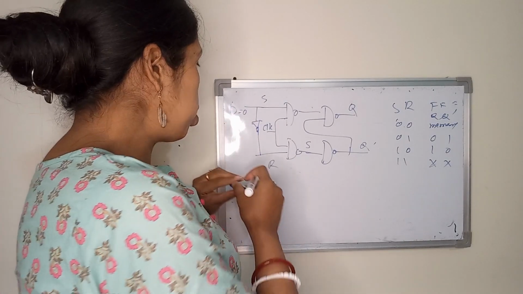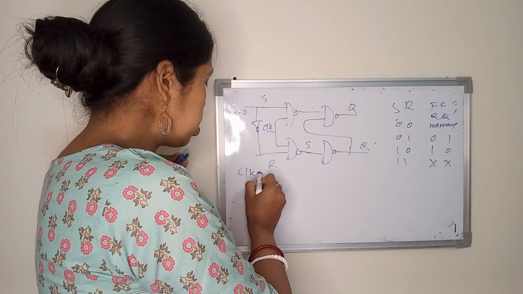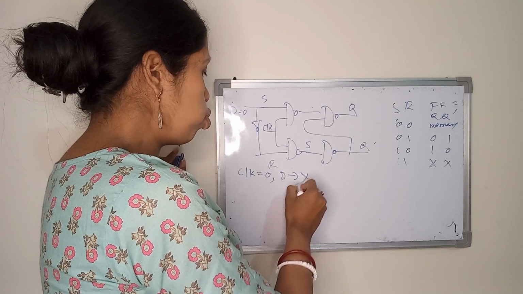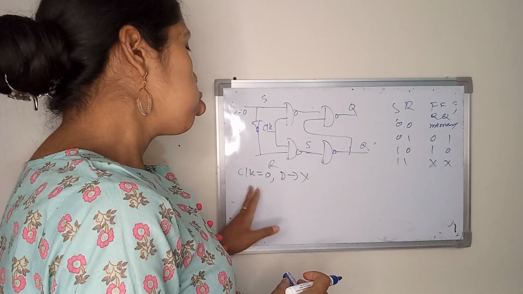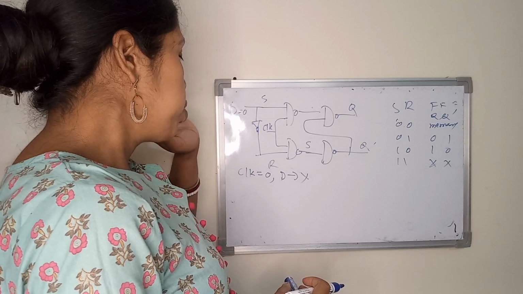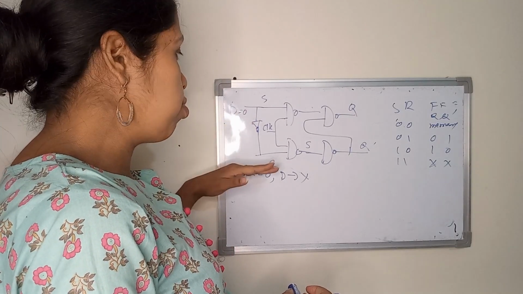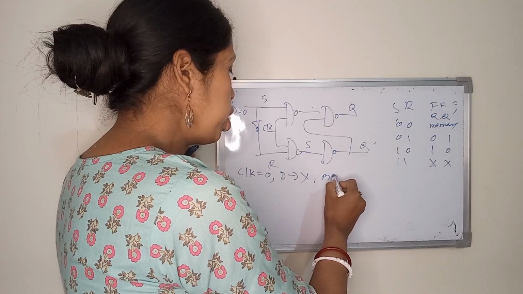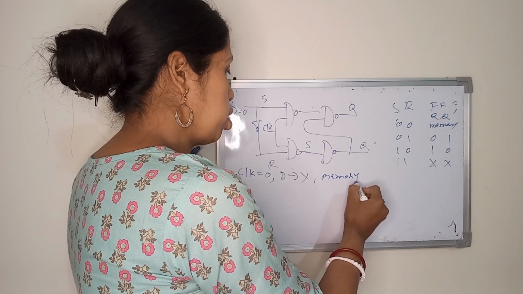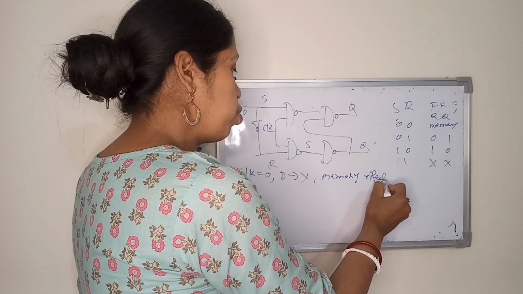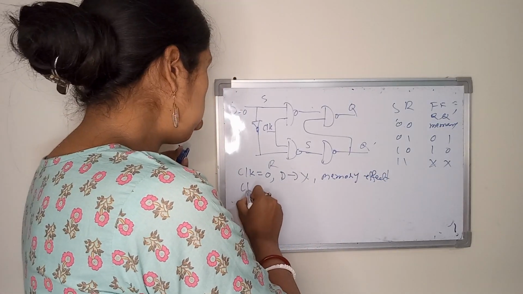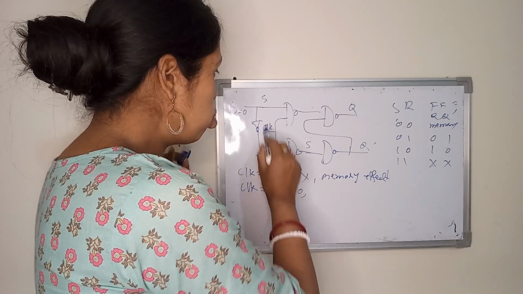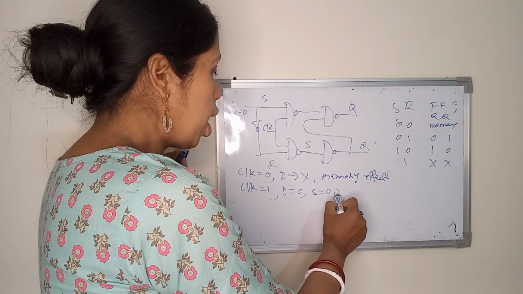Now suppose the clock is 0. Whatever the input, for the SR flip flop also, if you give any input with clock 0, there will be the memory effect. Now if the clock is 1 and D is 0, D is 0 means S is 0, R is 1.